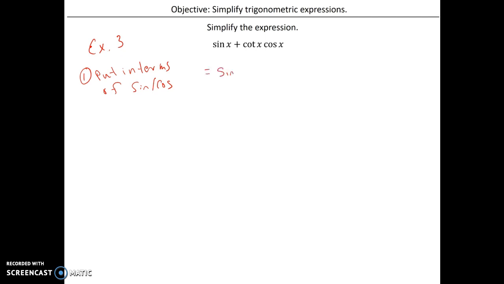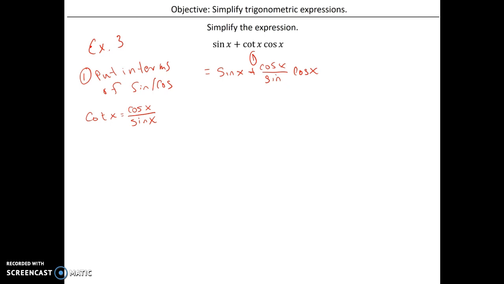So I'm going to do that right now, and the identity that we're going to use is that cotangent of x is cosine of x divided by sine of x. So I'll just write that in here: sine of x plus cosine of x divided by sine of x. All I did there was a direct substitution.